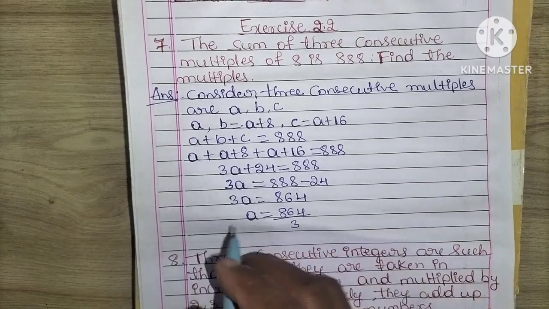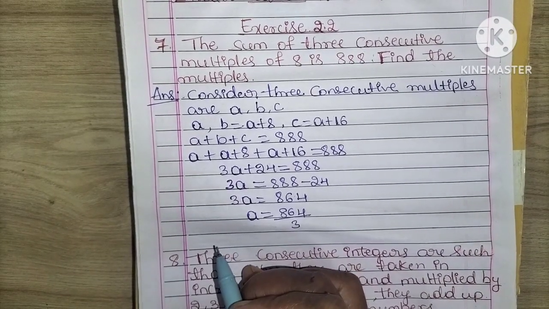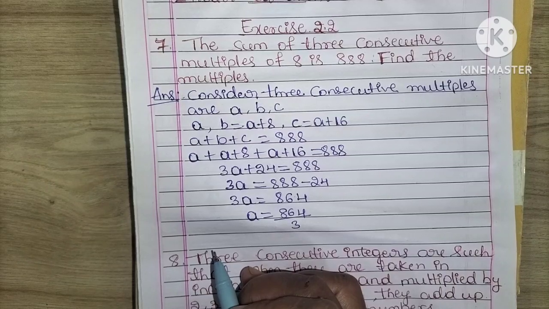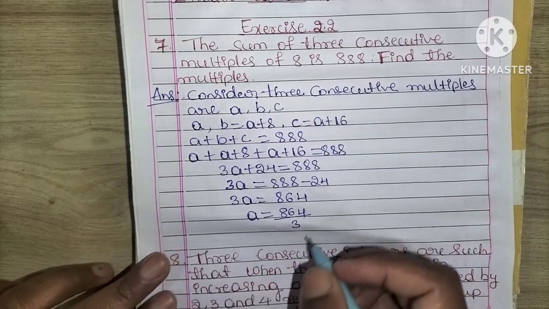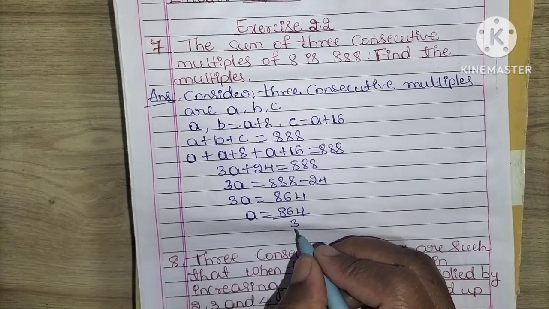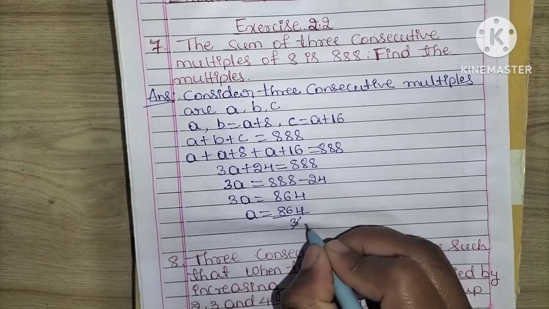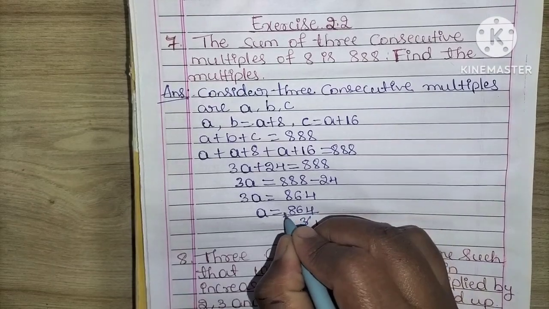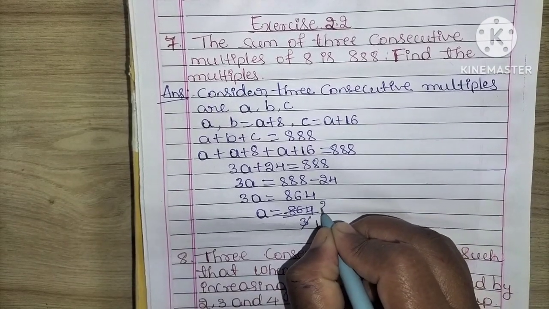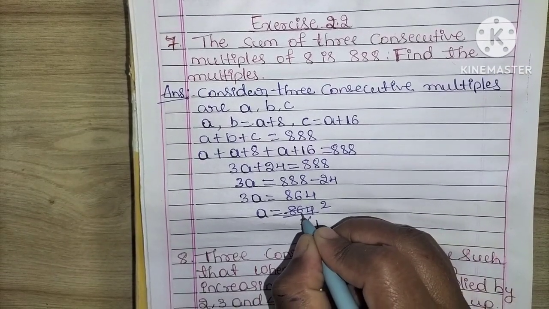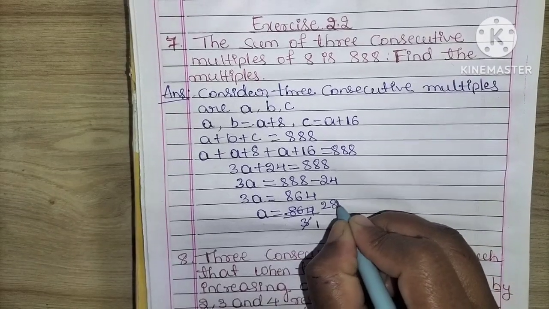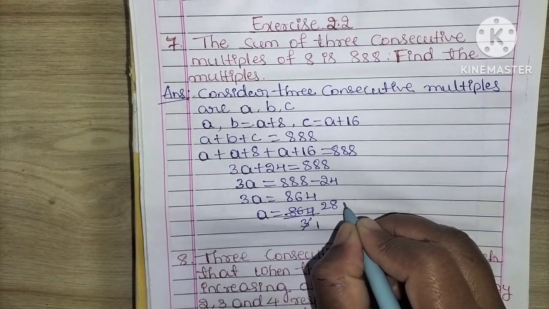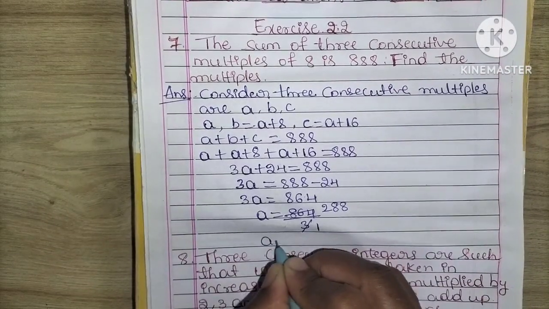Why? Because 3 is multiplied on the LHS, so sending it to the RHS it becomes divided by 3. Next, we divide 864 by 3: 3 ones are 3, 3 twos are 6, 3 eights are 24, again 3 eights are 24.